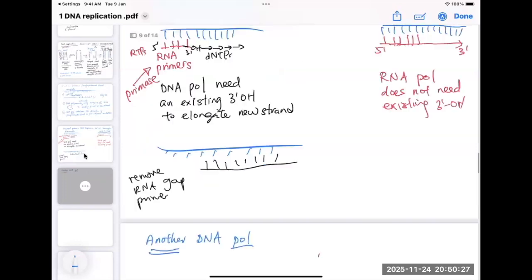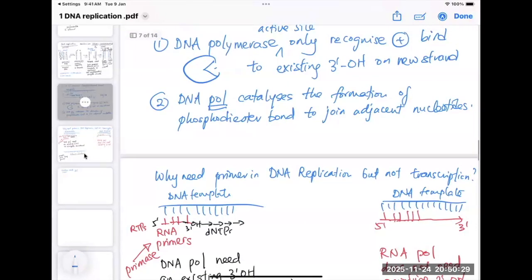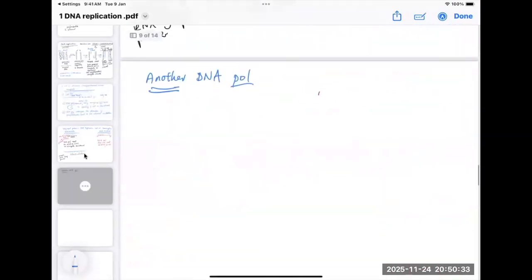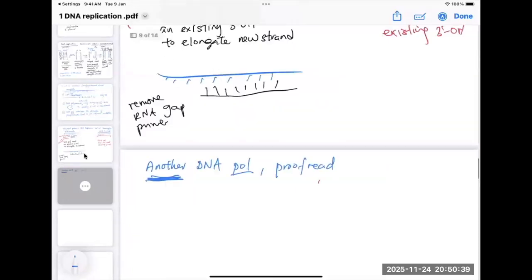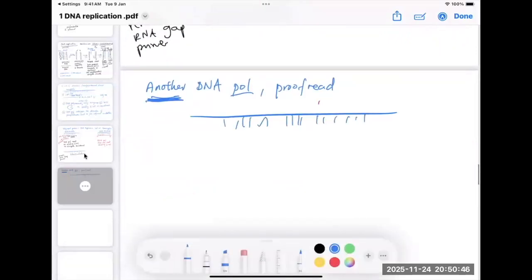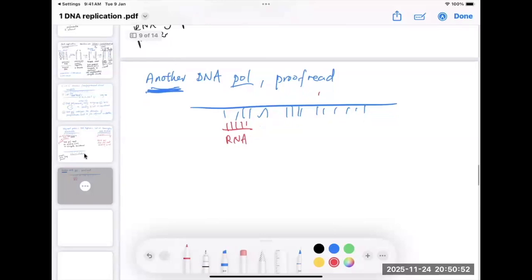That means it's a different one to differentiate from the one that catalyzed the phosphodiester bond. Okay, so that's why we say another. It will proofread. Proofread means they will go and check. So the last stage is where they will check, right? So when they check and find that there is RNA here, they will then remove it.